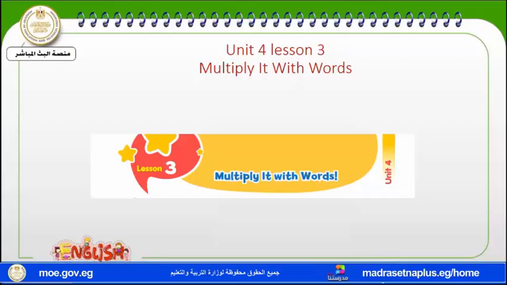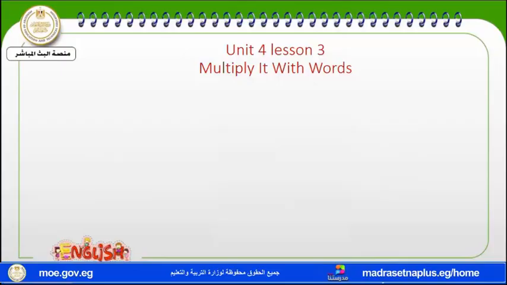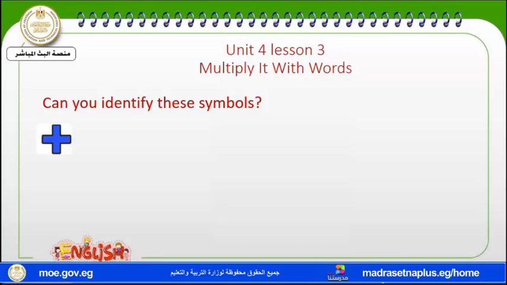Let's start. We are going to start with Unit 4, Lesson 3, and in this lesson we are going to learn some math. We are going to learn about multiplying with words. I'd like you to look at the symbols here on the screen and see if you can identify them.